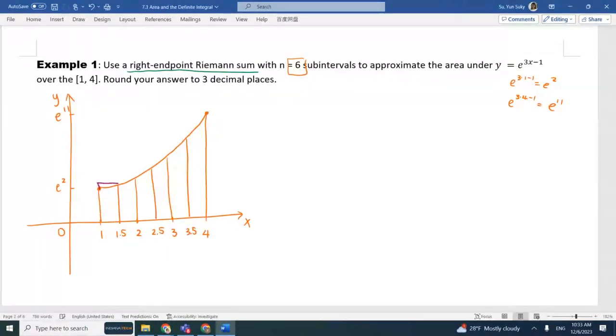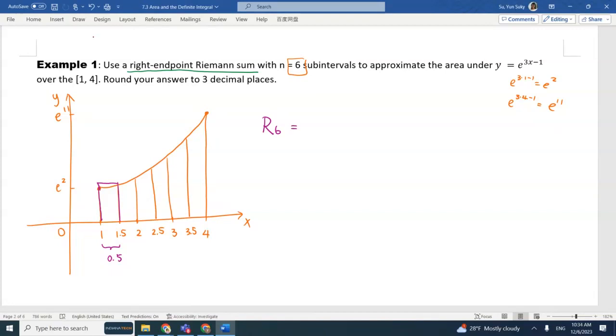Okay. So now the problem says to use the right endpoint. Look at the first rectangle. Use the right endpoint. What's the width of the first rectangle? Half. Yes. Let's put 0.5. So we are computing the right Riemann sum with 6 rectangles.